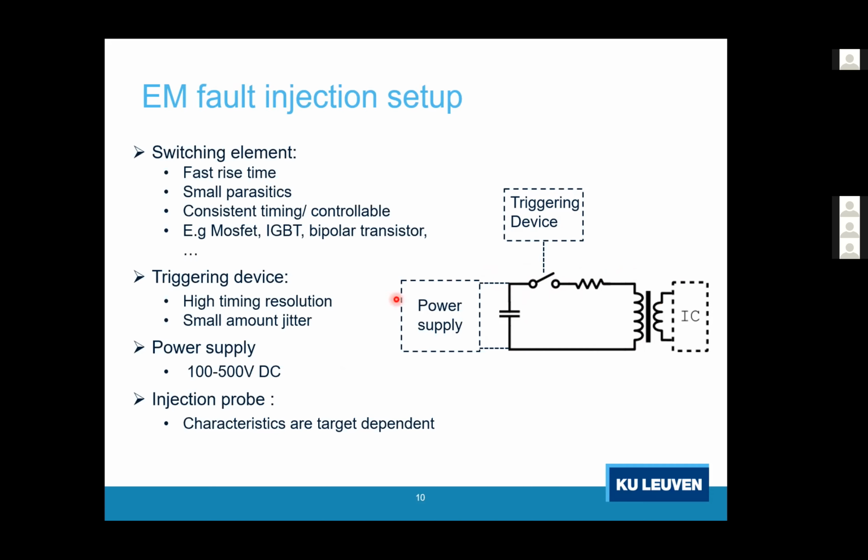So there's a power supply and a triggering device, which allow you to accurately control the timing of your fault, as we saw was needed in the previous slide, and a power supply which ranges up to at least 500 volts, I would say, in order to accumulate enough charge on the capacitor here, and the charge is then switched into the injection probe. So that's the more classical setup.